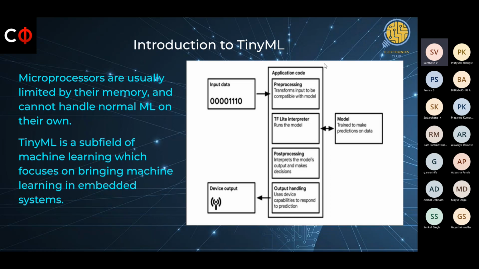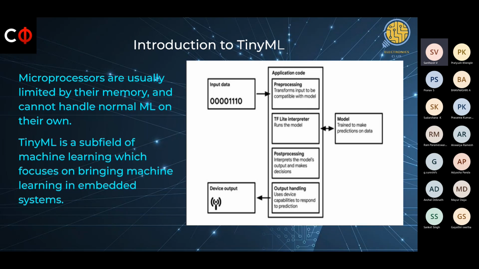TinyML is basically like, you can't run an ML script normally on a microprocessor because microprocessors are usually very limited in their strength. They are at max about 16 MB of storage, a few kilobits of RAM. There's not much you can do with microcontrollers usually. So what we will do is use TinyML.